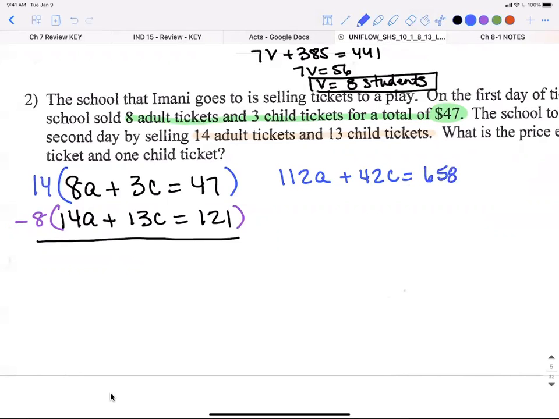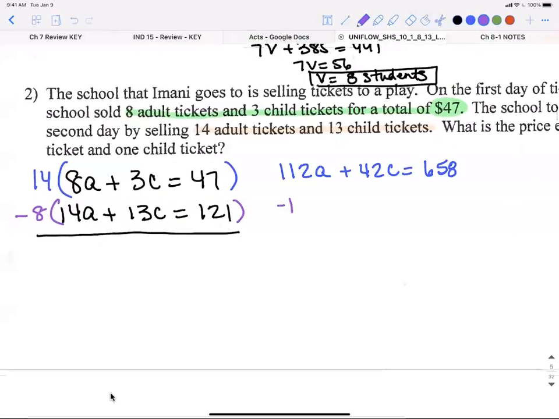So that is distributing the 14 across the top. Now across the bottom, I'm going to distribute a negative 8, which I know is going to give me a negative 112A, because that was the whole point. And 8 times 13 is negative 104 for your child ticket. So negative 104C. And negative 8 times 121 is negative 968.